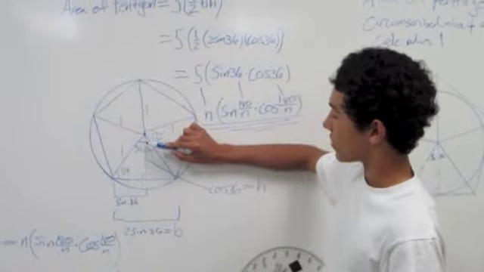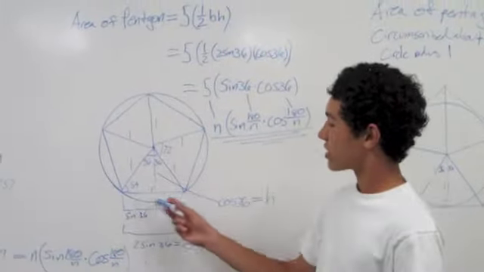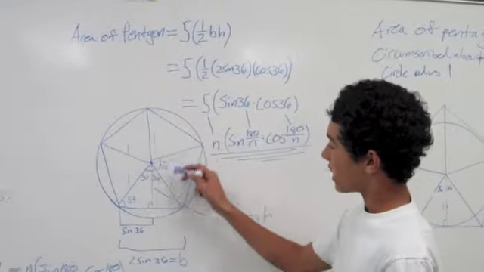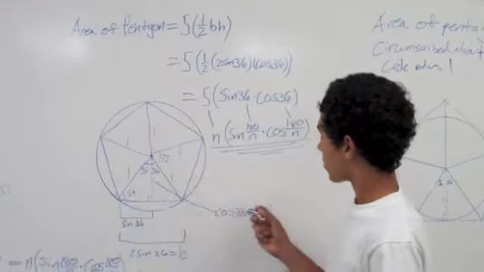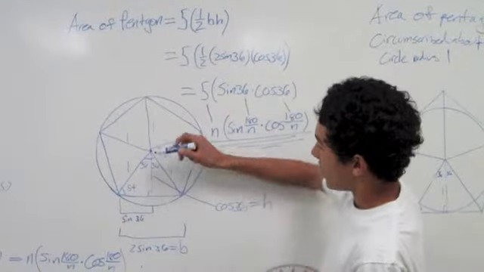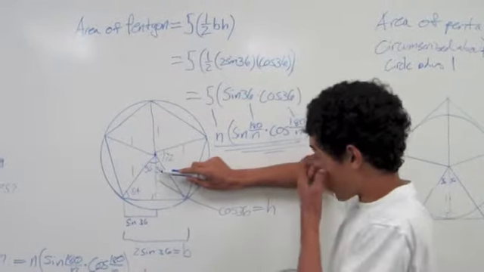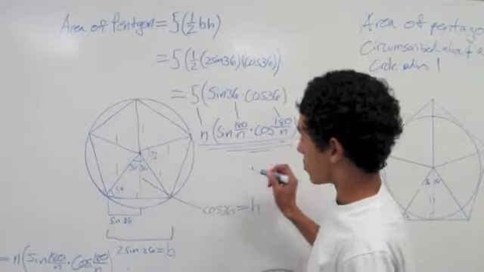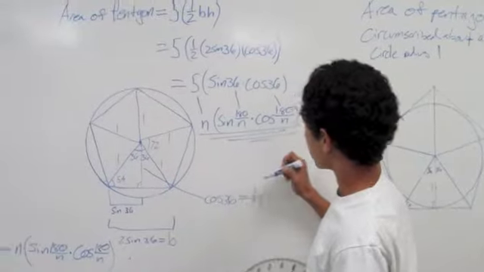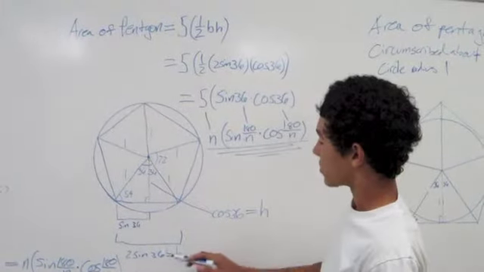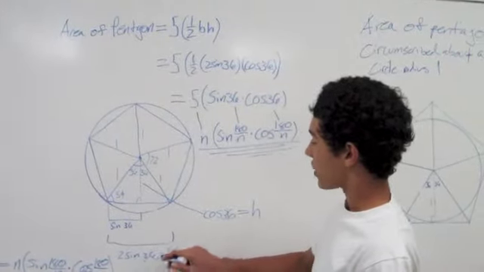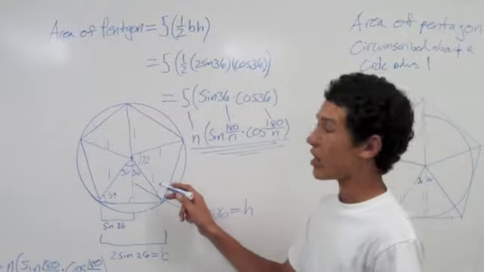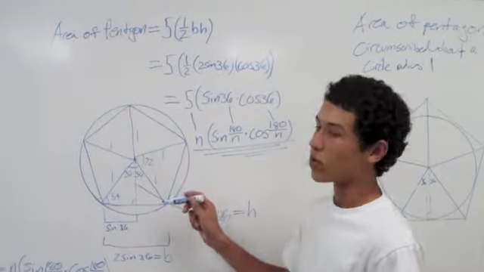And then what we did next was find the base of that triangle, which was sine 36. And we found the height of that triangle, which was cosine 36. And then we found the area of one of these triangles, which was cosine 36 times 2 sine 36, which was the whole base, and then multiply by 1/2.